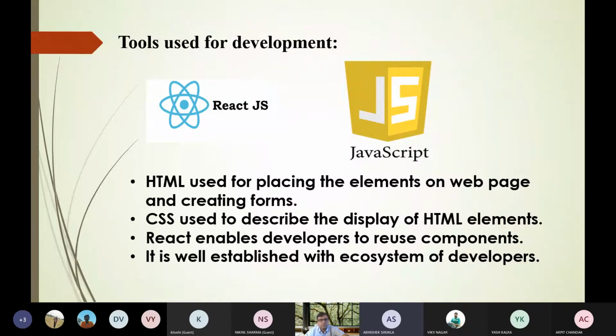React enables developers to reuse components, as in React we work on components, put them in a division section, and use them multiple times by just calling the ID of their division. It is easy to use React because it is well established with an ecosystem of developers.